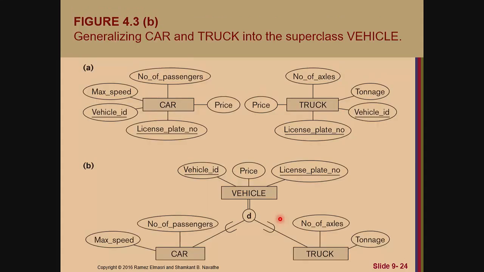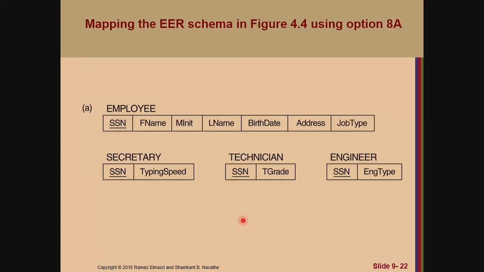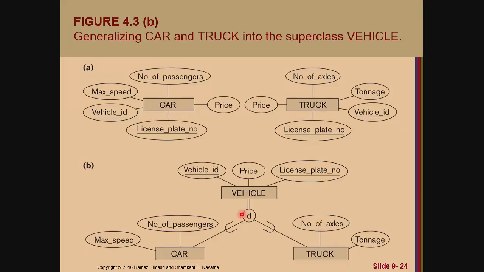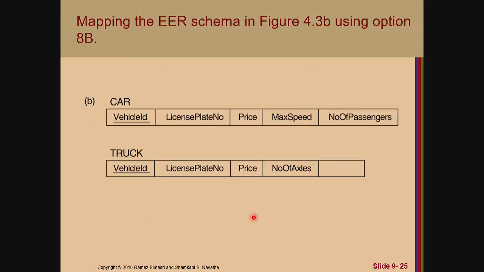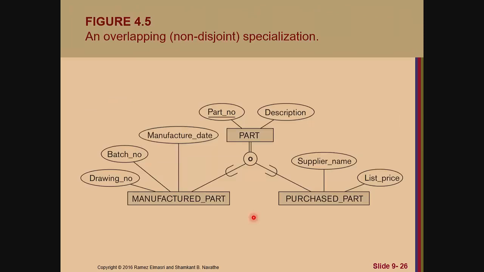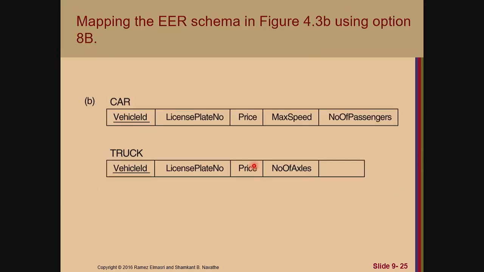And also, here is the vehicle. Here, D is disjoint. This one is also disjoint. If we have disjoint, what can we do? We can separate into tables, right? But if they overlap, what can we do? Maybe we cannot separate into tables like this one.